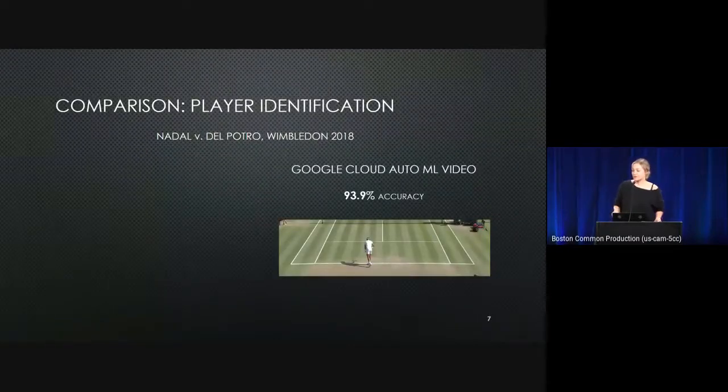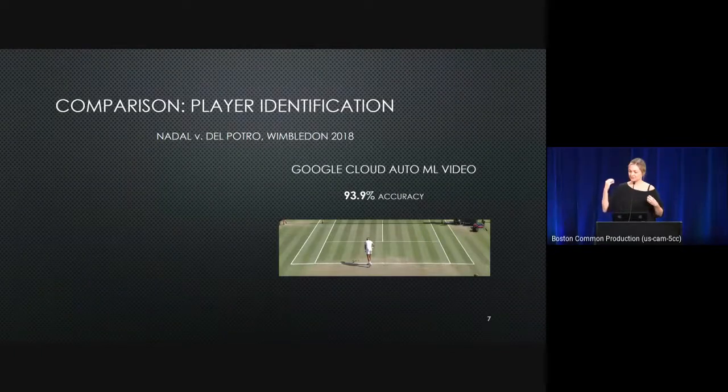I used the Google Cloud AutoML video as a comparison to the baseline for just using the skeletal key points. This picture over here is what the Google Cloud AutoML video sees. This is the input that it accepts, and it uses everything that you see here. So even just the position of the player's shadow might be relevant at a certain time versus another, because the sun moves over the course of a 3-hour tennis match.